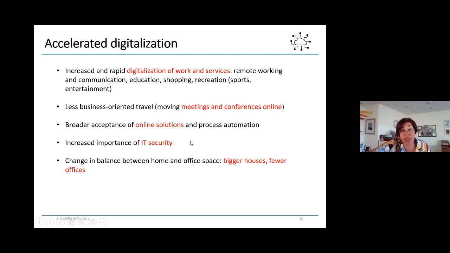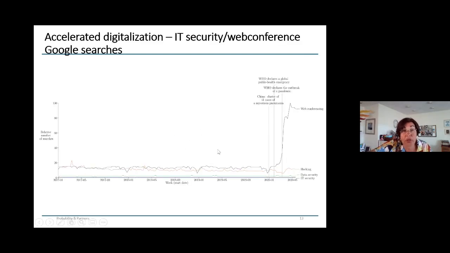Again, I'll show you some evidence for this in terms of Google search terms and other internet resources search terms. So web conference and video conferencing have a gigantic spike. You can also see it in the success of platforms such as Zoom, which is now worth more than all the largest airlines taken together.